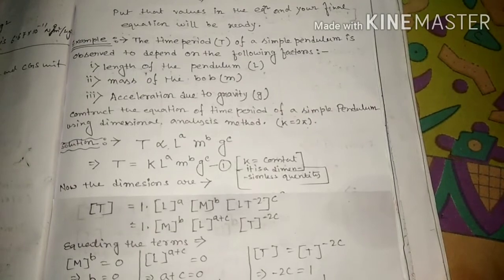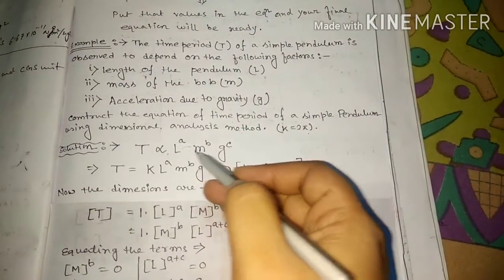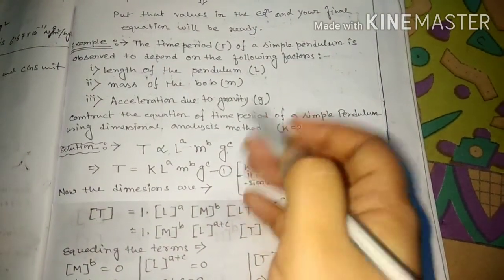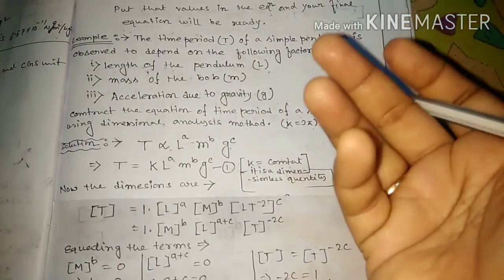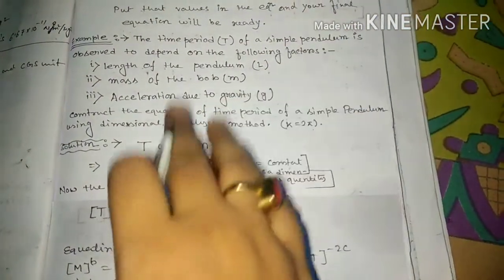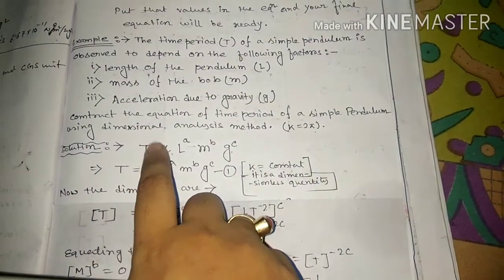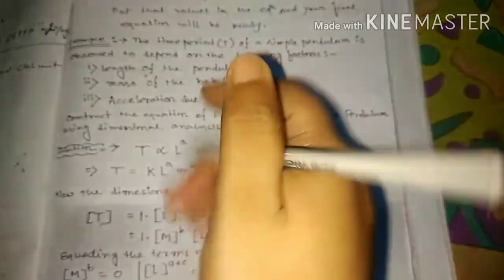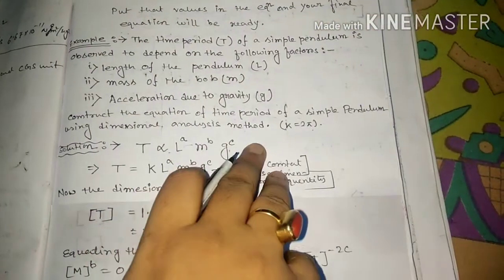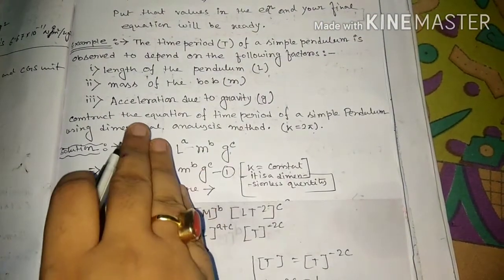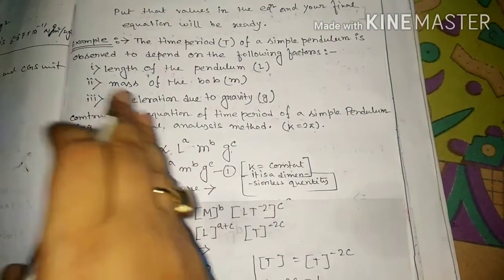That is the dimension of a physical quantity. Now we don't know what the power is, because the equation of time period is a combination of L, M and g. So we can't write the powers now; we don't know the power of L, M and g.